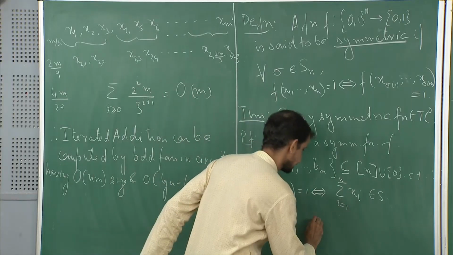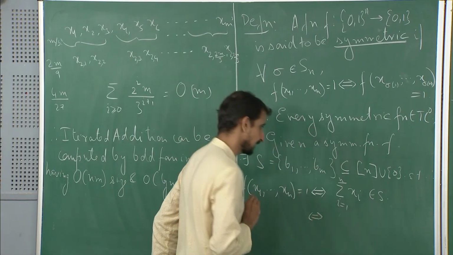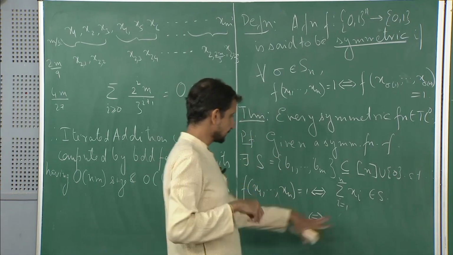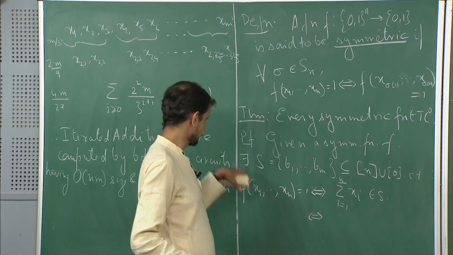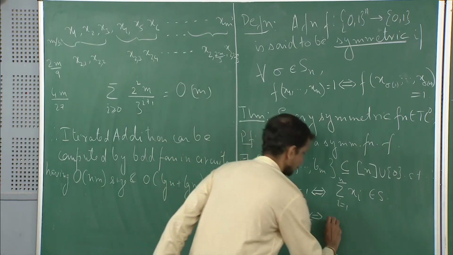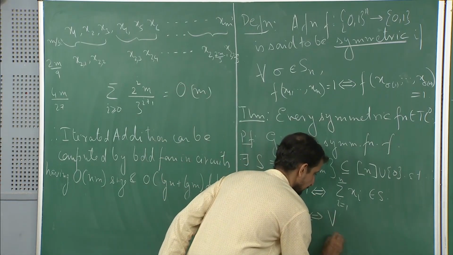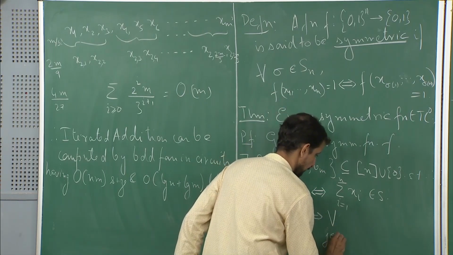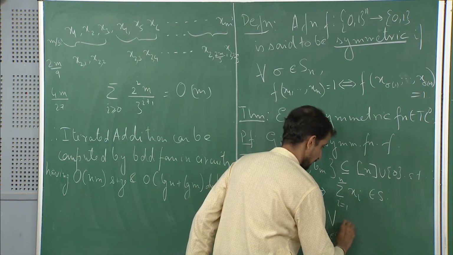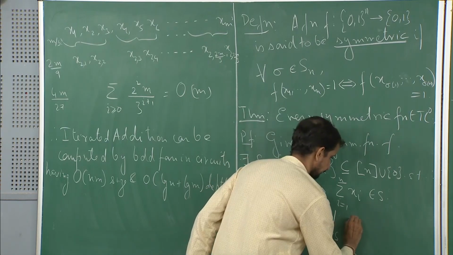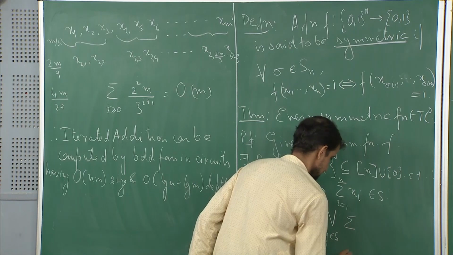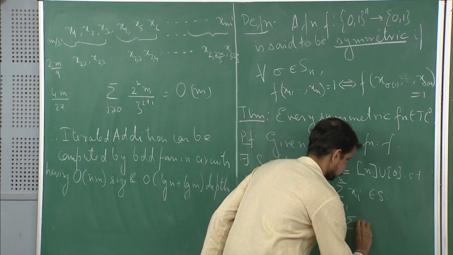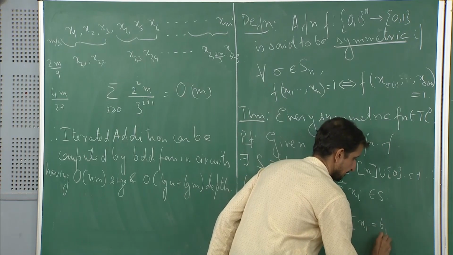So, now how do I write this? This belongs to S. Now, S can have any value between this. So, this can be written as the OR over bj belonging to S of sigma xi equals bj.